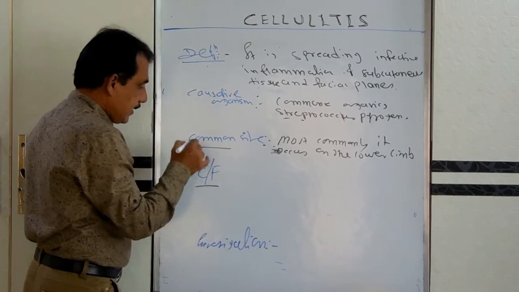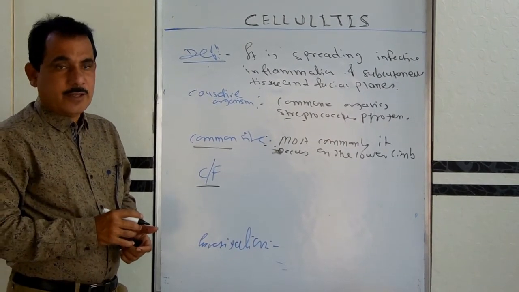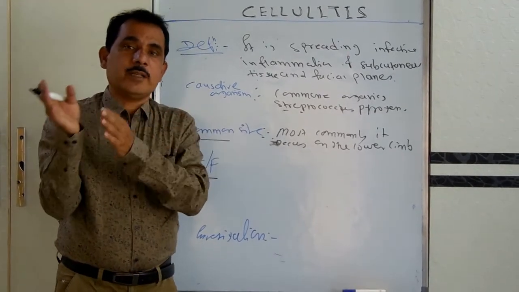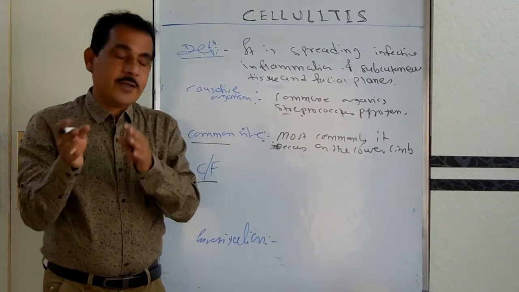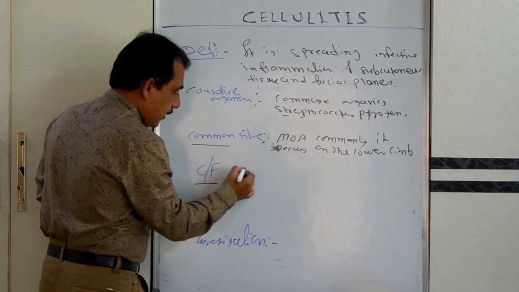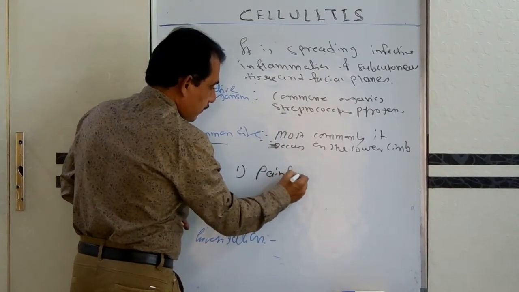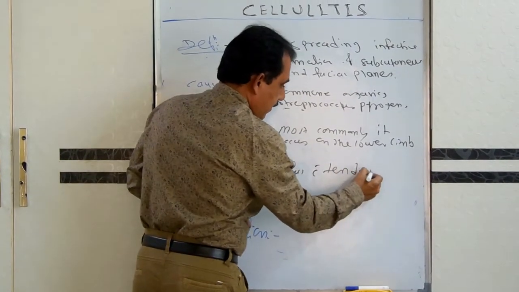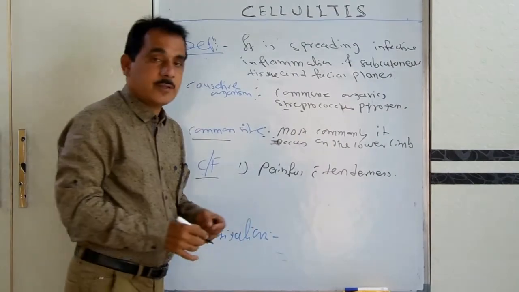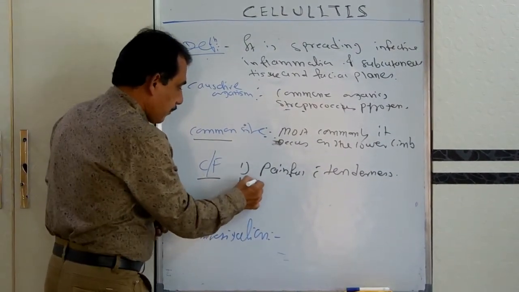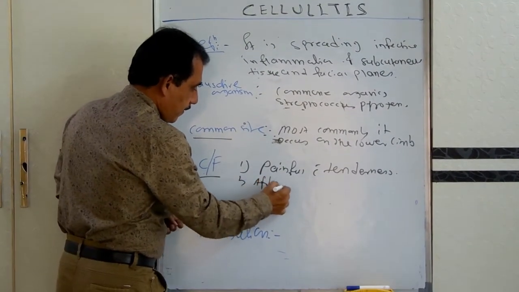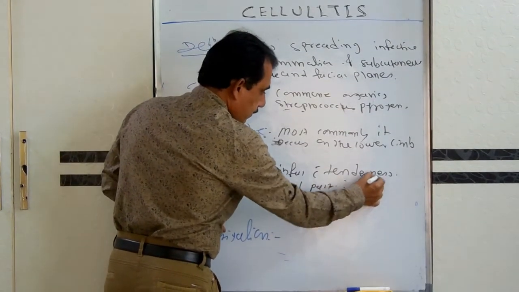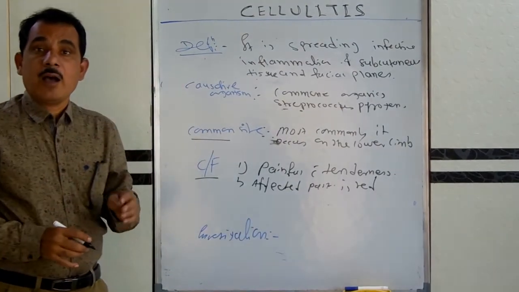Then the clinical features. There are variable clinical features with the progress of the lesion. The clinical features are: number one, painful with tenderness. Second, the affected part is red, or you can say redness of the affected part.